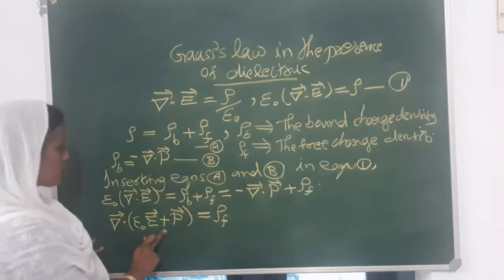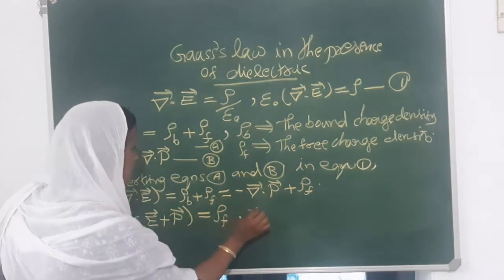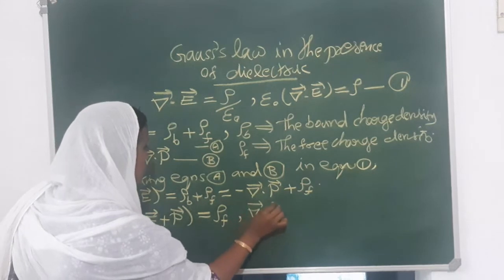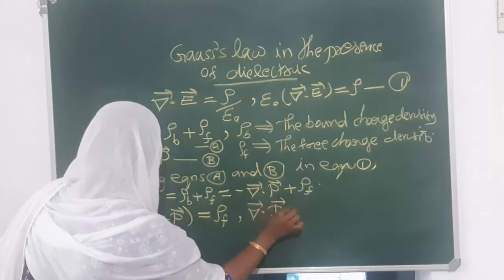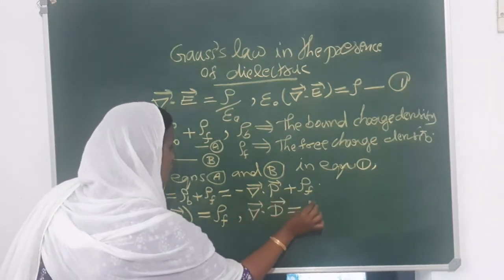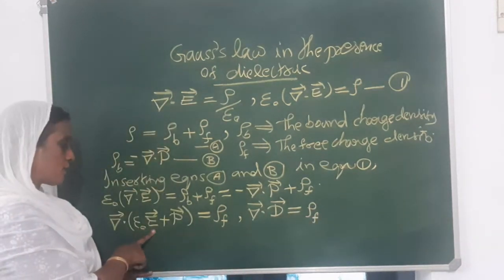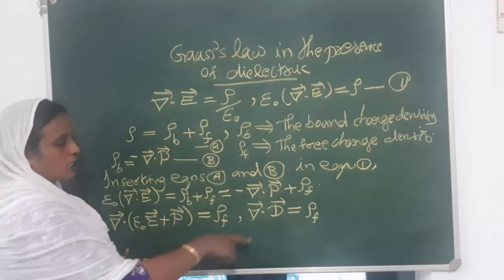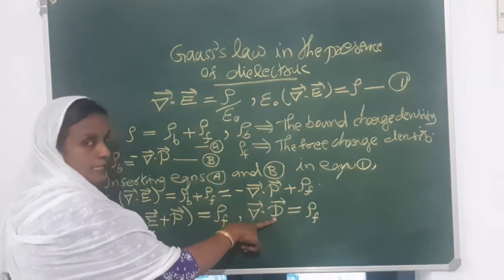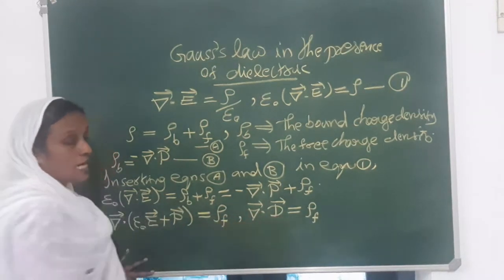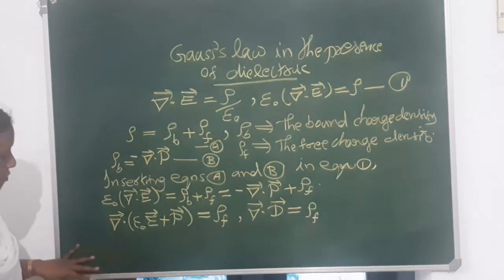This is also written as del dot D is equal to rho f. Here this epsilon 0 E plus P is called D. This is called electric displacement vector.